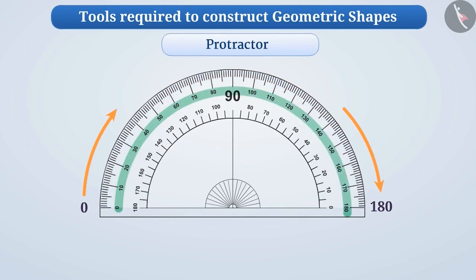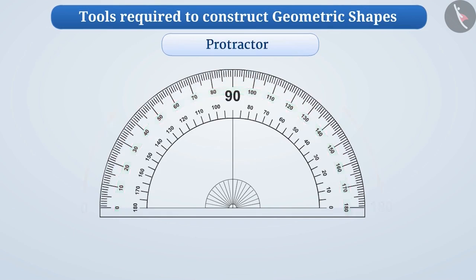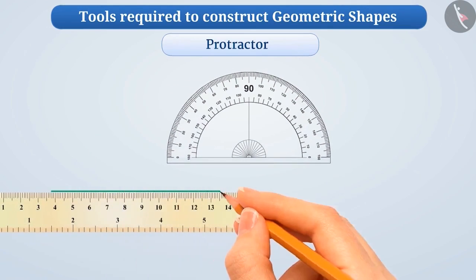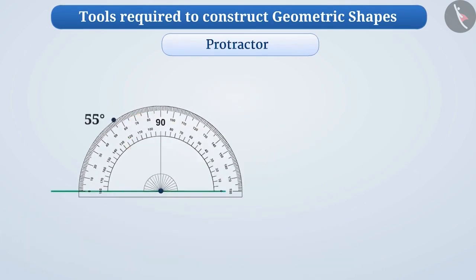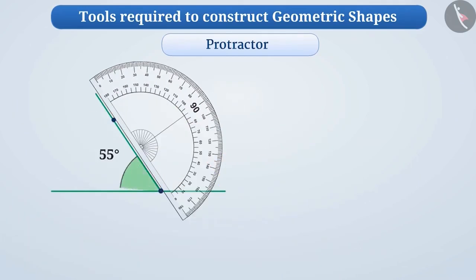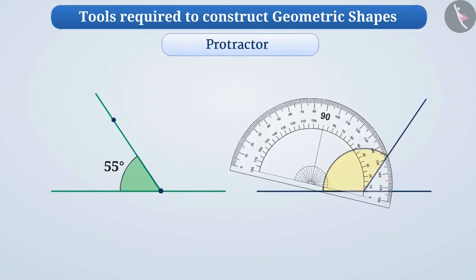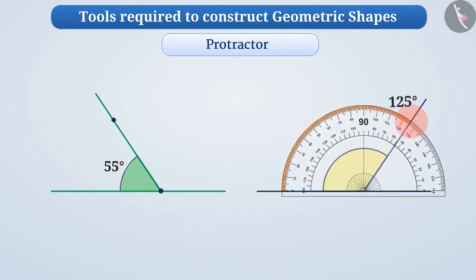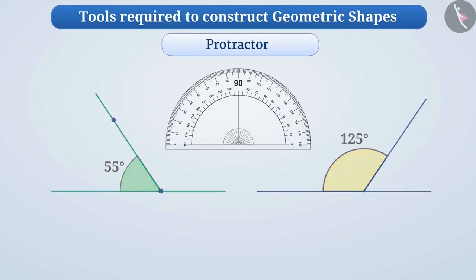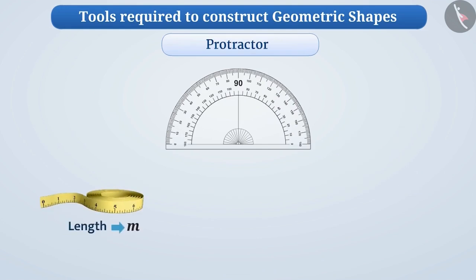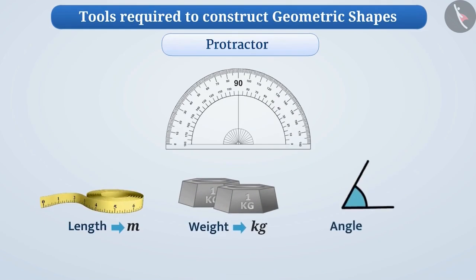We use it to draw and measure angles. Keep in mind, just as we measure the length in meters, the weight in kilograms, we measure the angle in degrees, which is denoted by this sign.